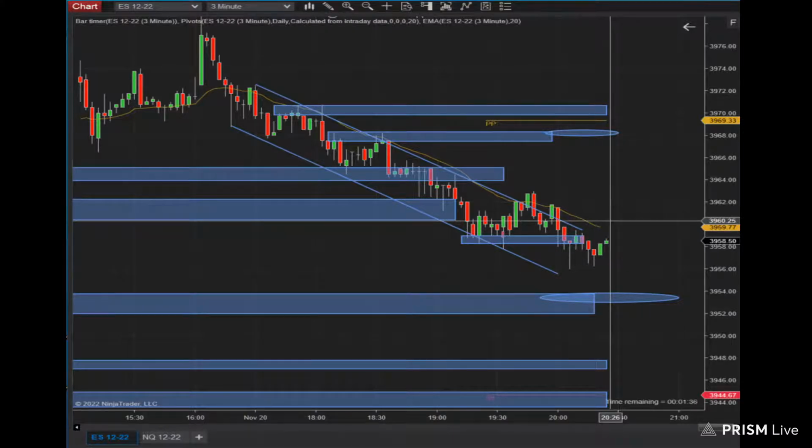And if I am in more than one contract, the target of my second contract is typically at 8 ticks or 2 points. When that first contract is filled, meaning it hit my first profit target, then I'll move my stop to 4 ticks or 1 point below my entry. It's pretty standard.